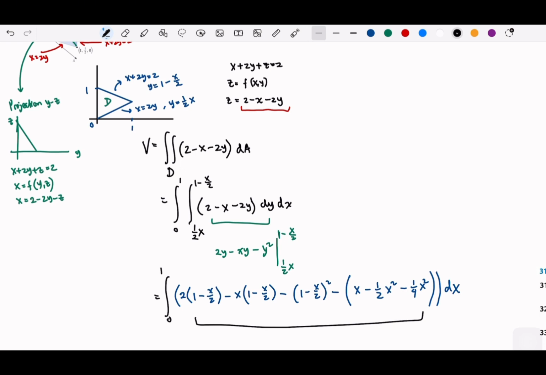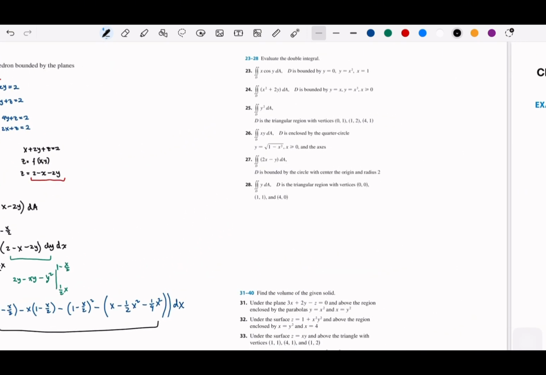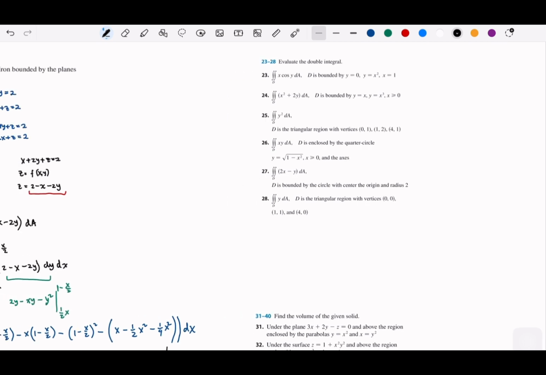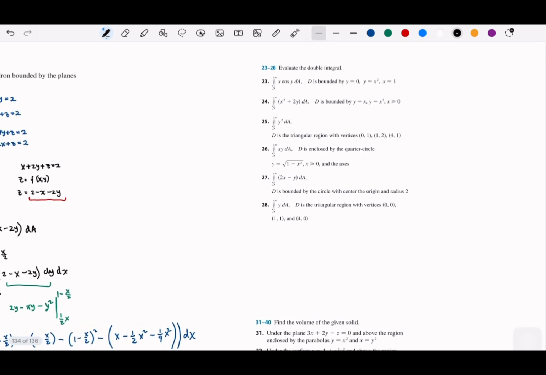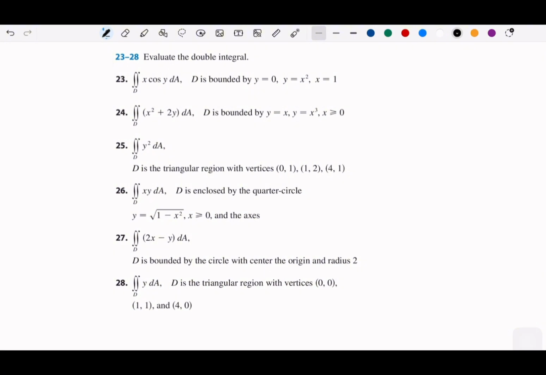Okay, any questions so far? If no, maybe a little bit overview on this part. We can choose some of the questions here. Which one we can try today?